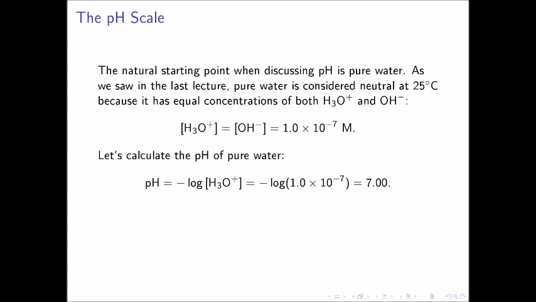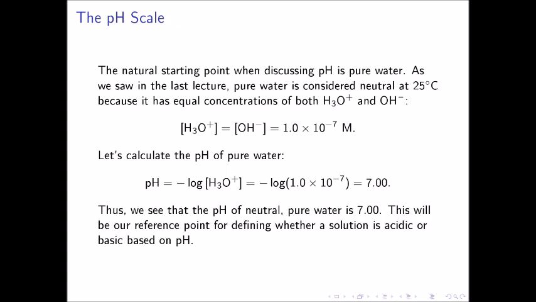As we saw, the pH is equal to the negative log of the hydronium ion concentration, or in this case, the negative log of 1.0 times 10 to the negative 7. This gives a pH value of 7.00. Thus, we see that the pH of neutral pure water is 7. This will be our reference point when defining whether a solution is acidic or basic based on pH.